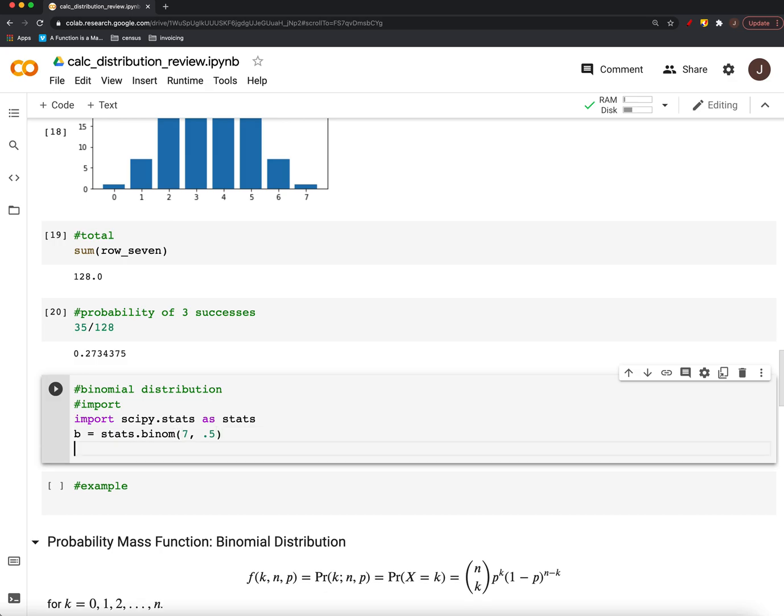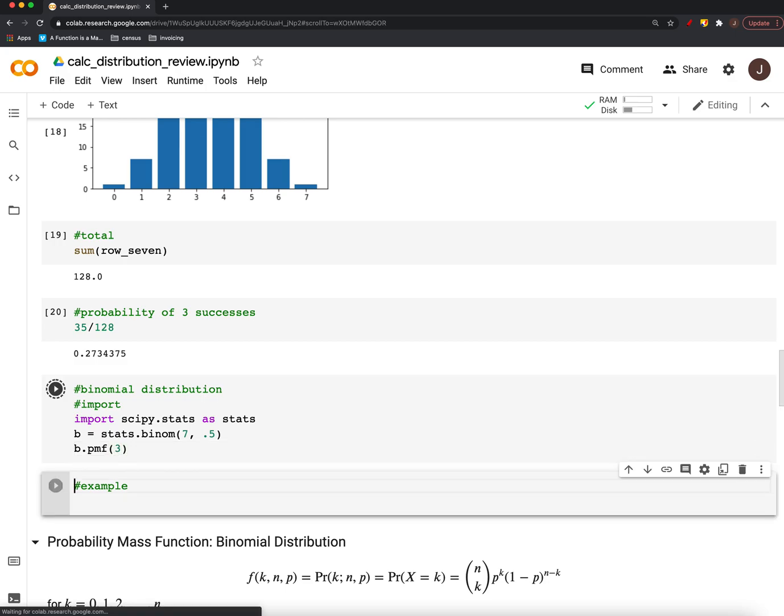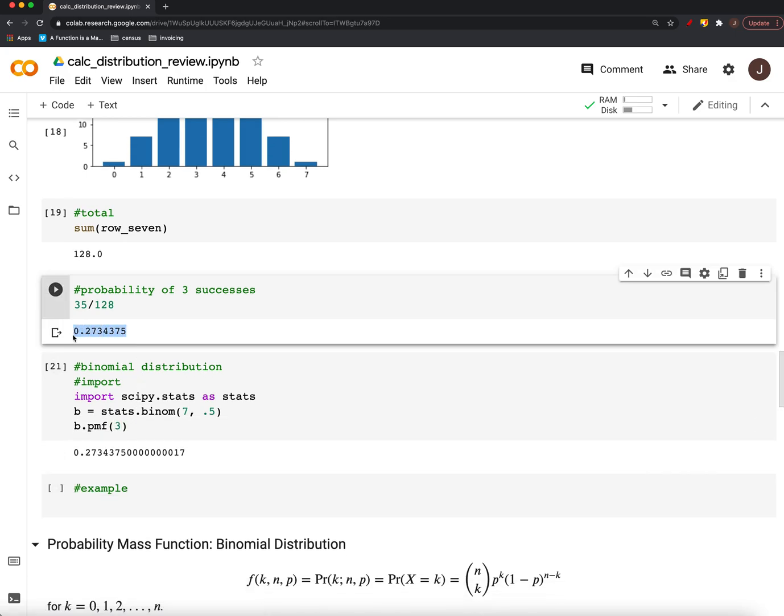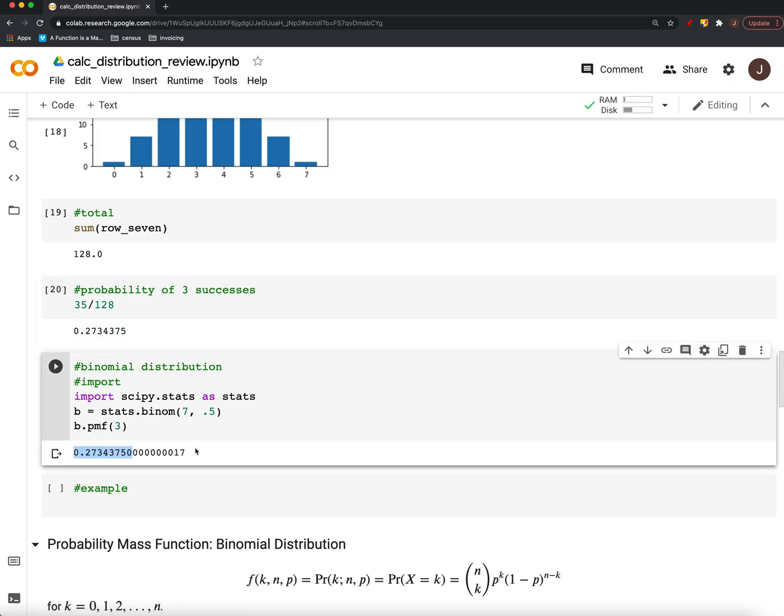Those are the two things that determine our distribution: the number of trials and the probability of a success. And then I could look at something like the probability of 3 successes, and you see that we get pretty much the same value. There's just a little bit of rounding that's off.